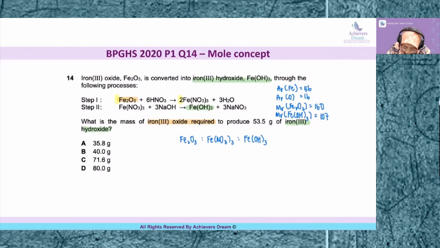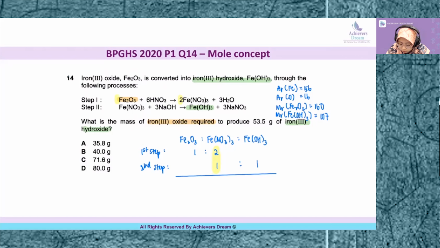In the first step, compare the mole ratio between iron 3 oxide and iron 3 nitrate. It is 1:2. Second step, compare the mole ratio between iron 3 nitrate and iron 3 hydroxide. It is 1:1. So what do we have to do? We have to make sure that the value for iron 3 nitrate is the same, common.